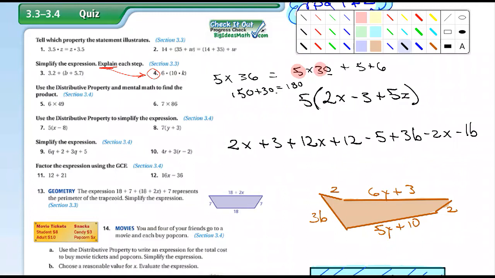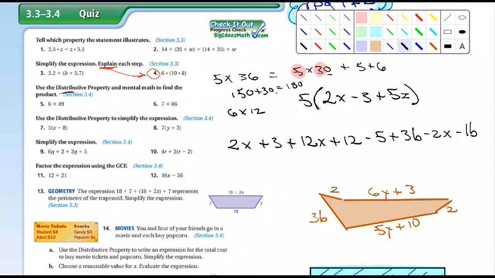I'm not worried about using the distributive property, but here's what I do want you to do. Let's say it was 6 times 12, and that was one of the two problems here.